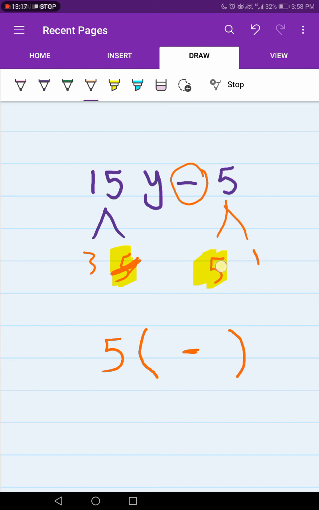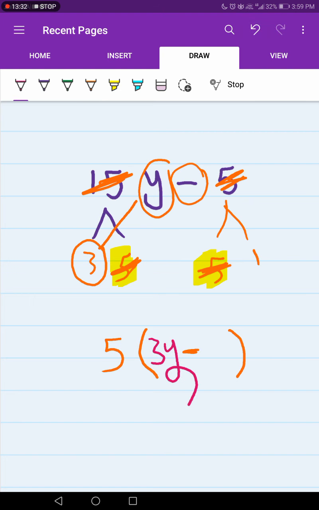What is left here? 3y minus what is left here? 1. Now if you do the opposite, you have to get this one.